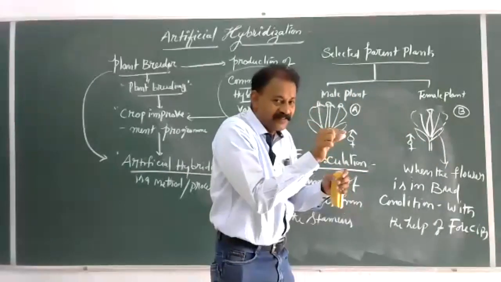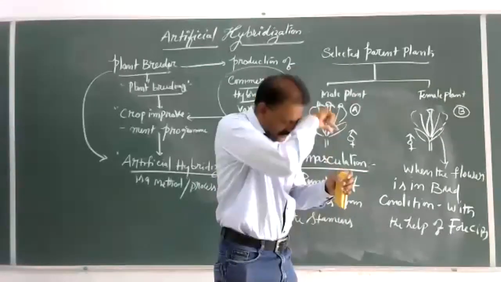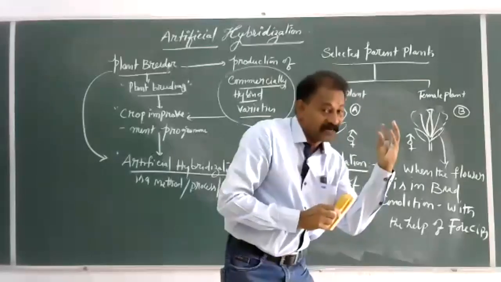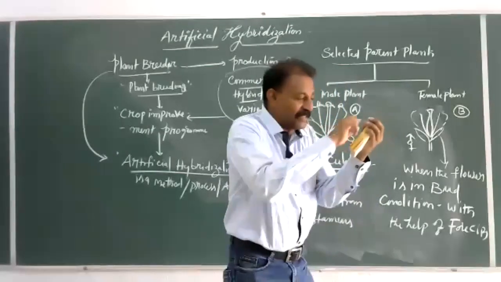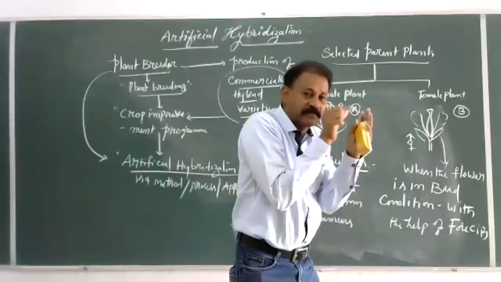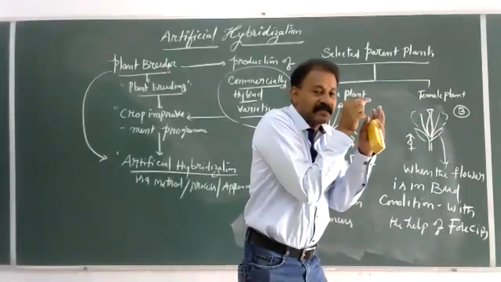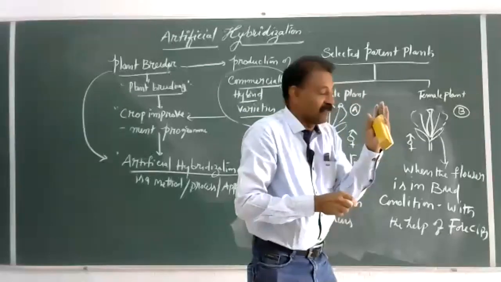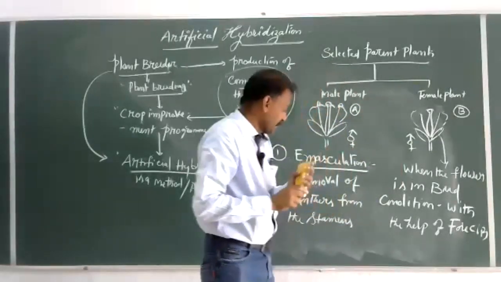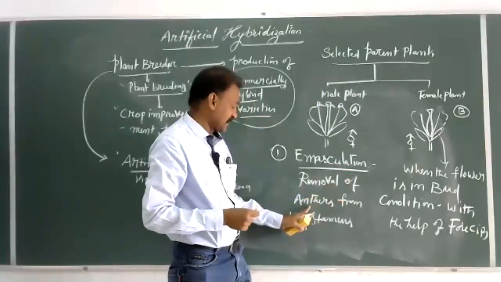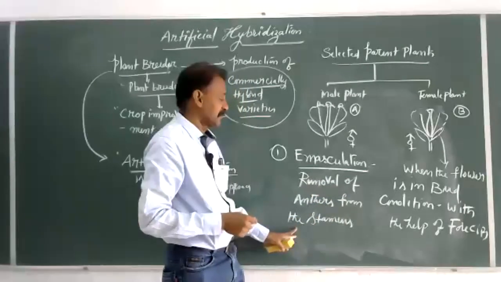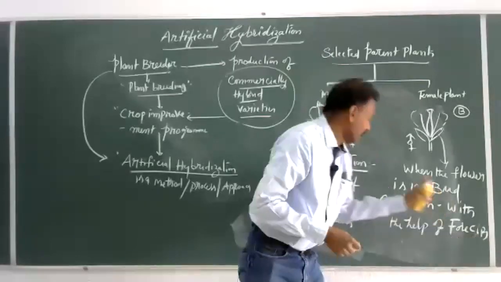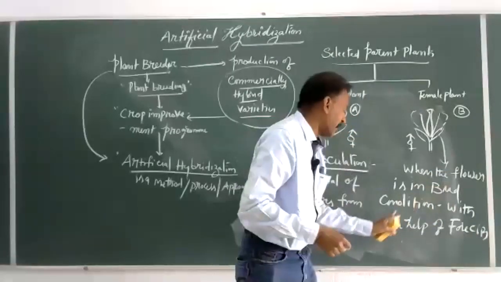Forceps is the instrument to do this simply. Slowly cut the anthers and throw them out.